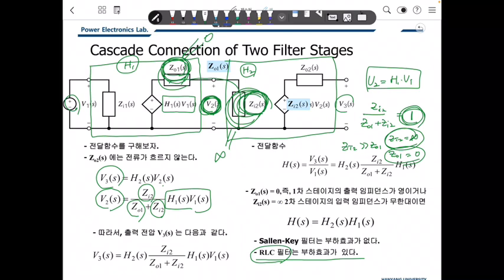If you design like that, RC filters are strongly coupled to each other, so the transfer function is not the multiplication of each filter. But for Sallen-Key filters, there is no loading effect. So if you design each filter as a Sallen-Key type, you can make cascade connections, and the filter works well as you designed. So this is a very strong point of Sallen-Key filters.